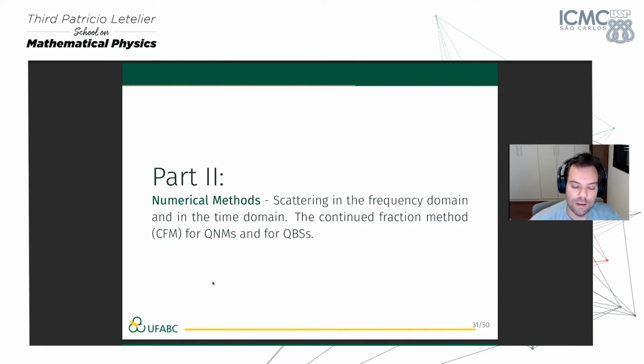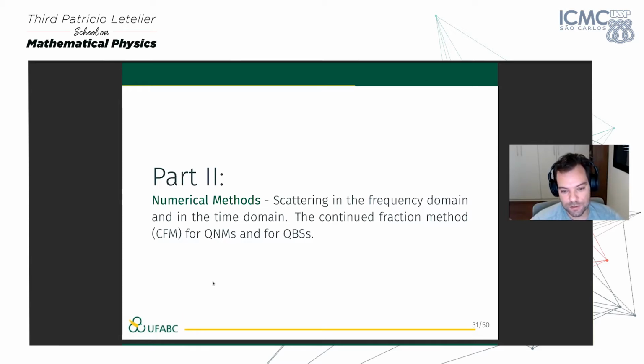And then in the second lecture on Tuesday, we started with the numerical methods, and we saw basically how to implement the continued fraction method to determine the eigenvalues of a differential equation.